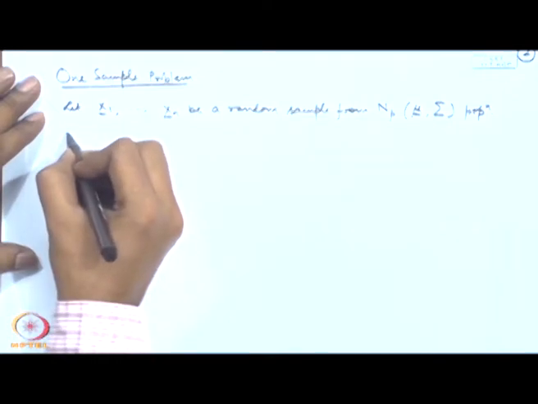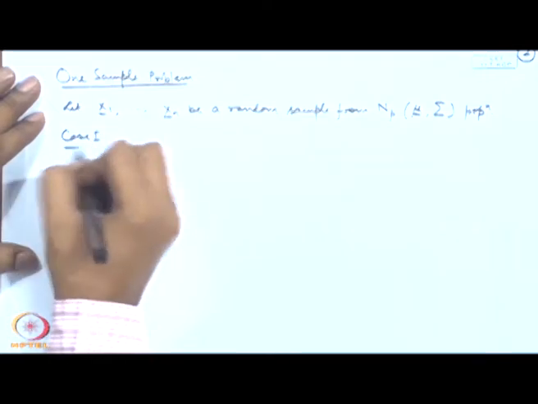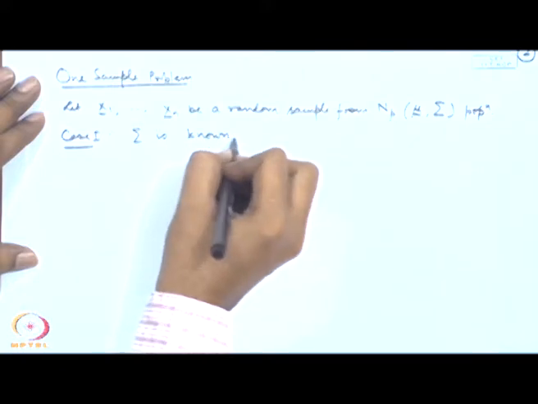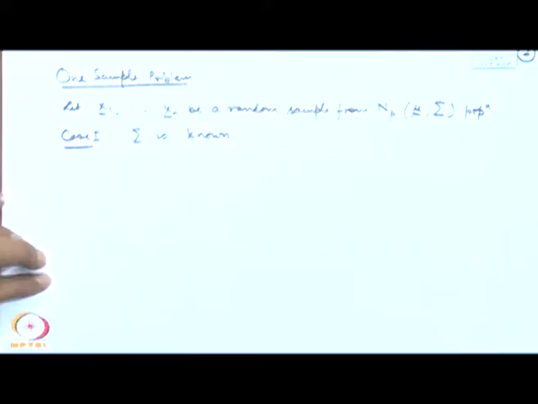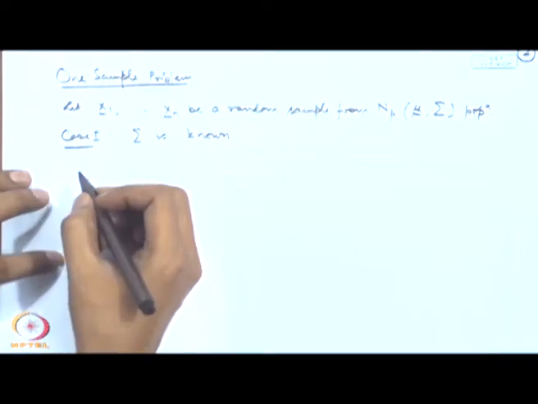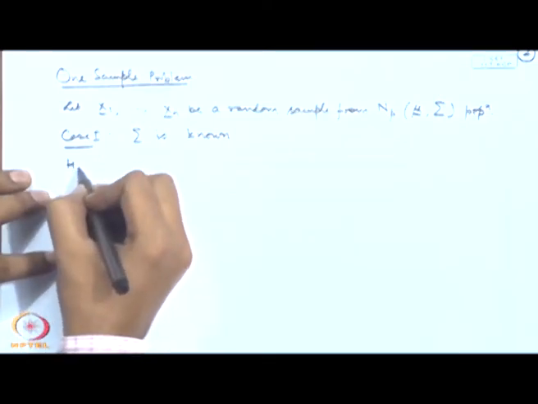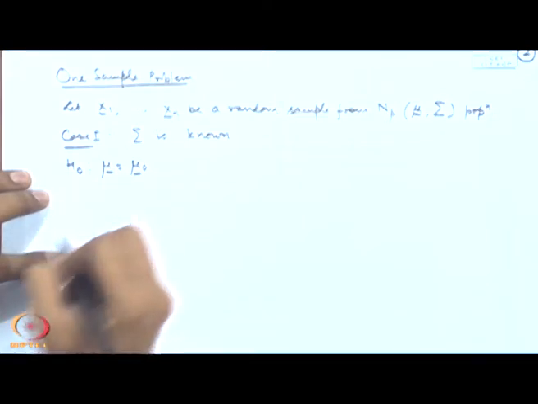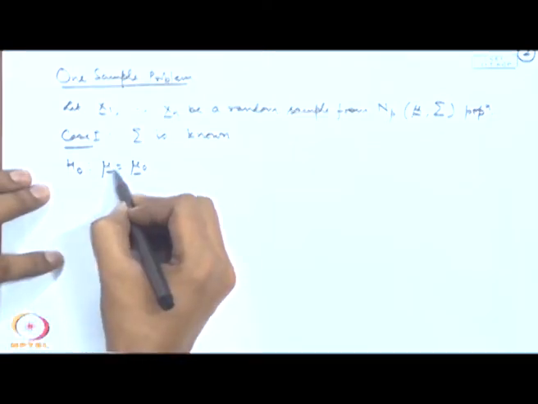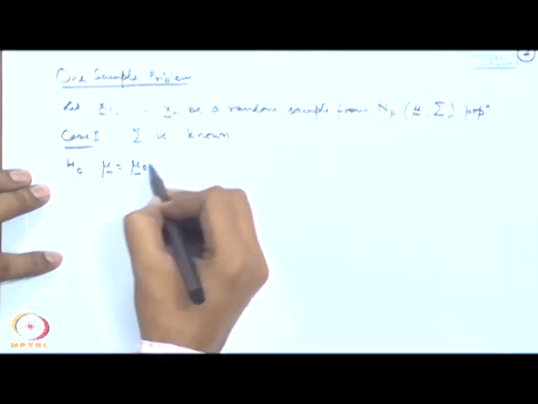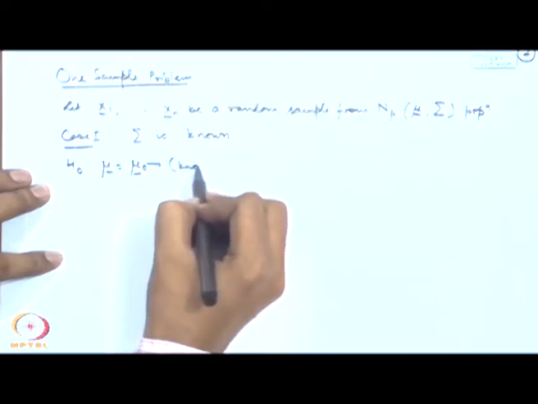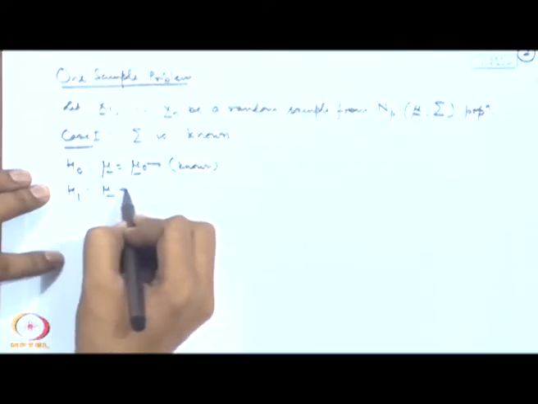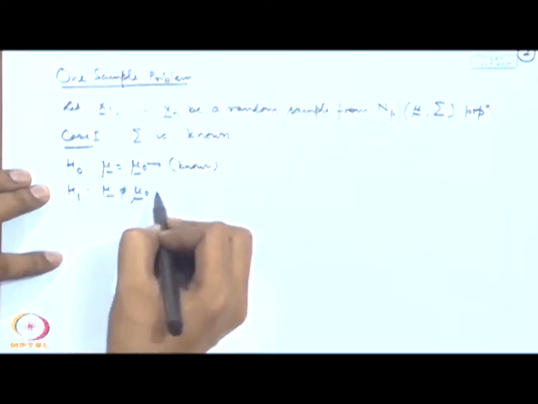Let us consider sigma is known. So, let us consider say testing for mu. We want to test whether the mean vector mu is equal to a known vector mu naught against mu is not equal to mu naught.